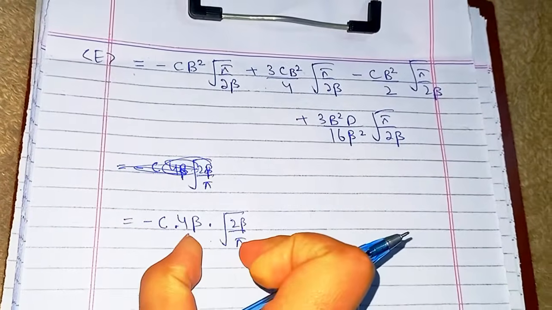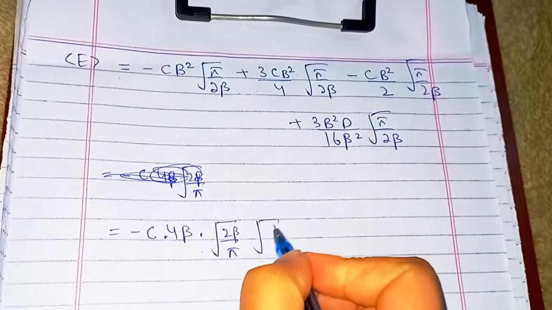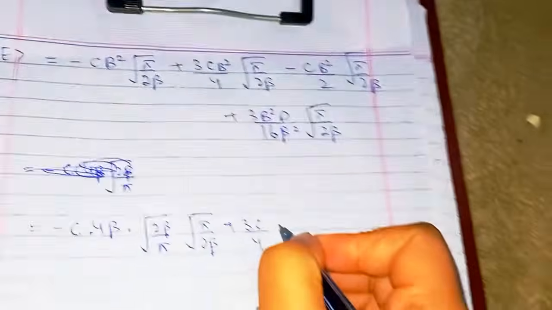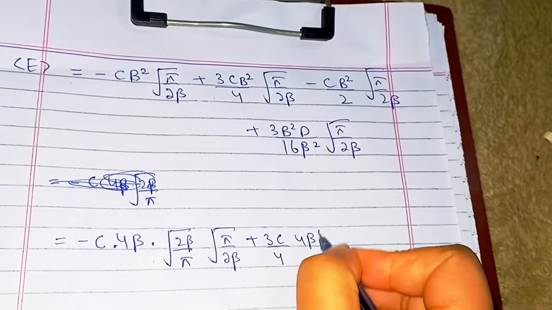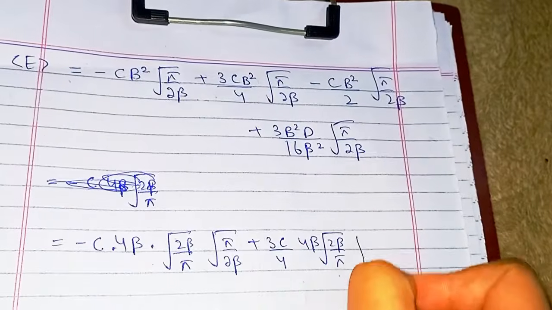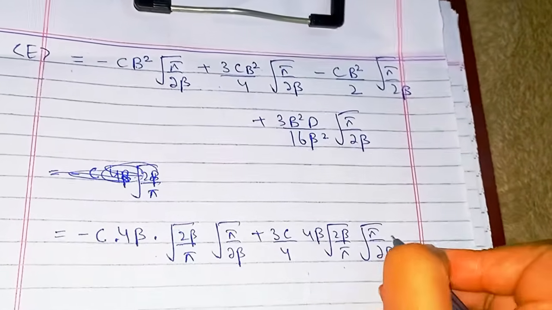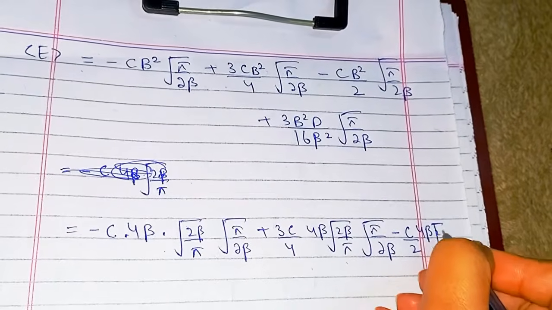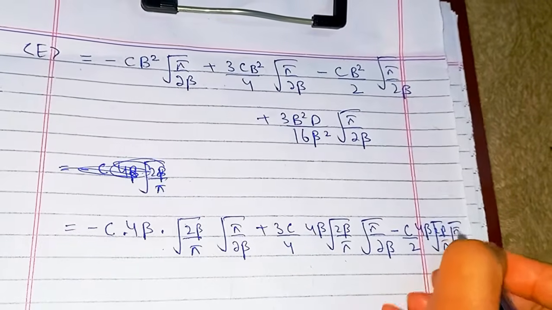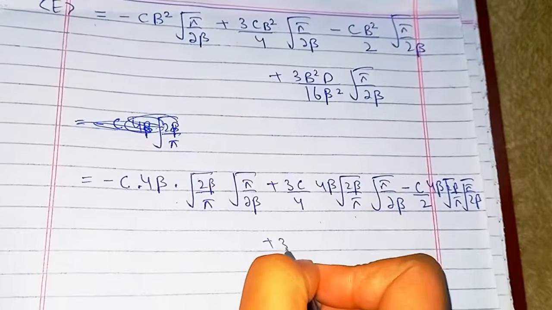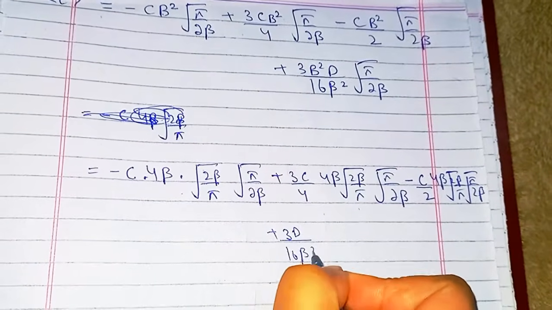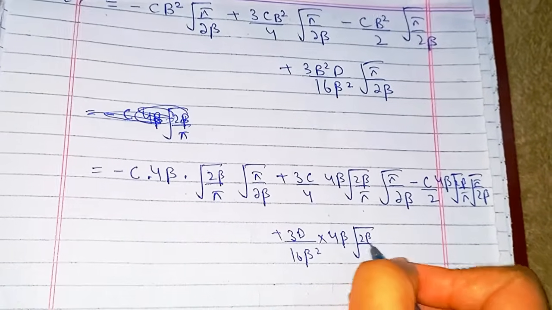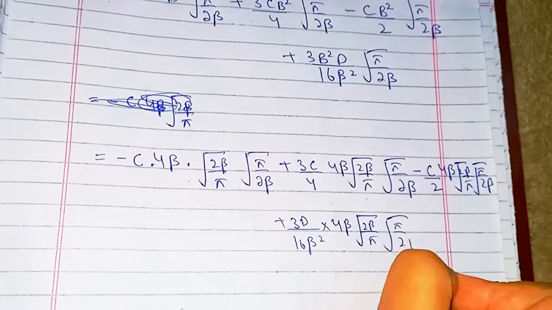That's the value of b square, and pi by 2 beta is already there. 3c by 4, b square value is 4 beta under root 2 beta by pi by 2 beta, minus c by 2, b square value is 4 beta 2 beta by pi by 2 beta, 3d by 16 beta squared 4 beta pi by 2 beta by pi by 2 beta.